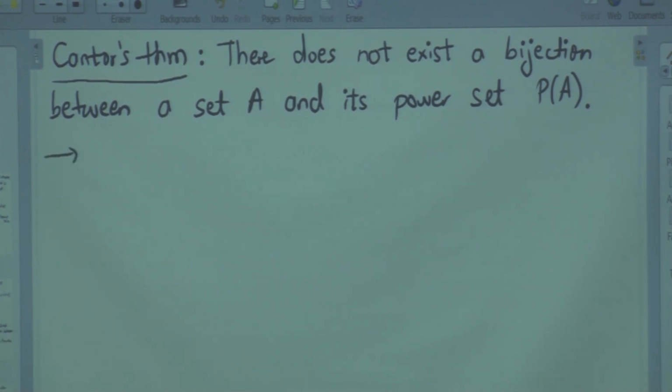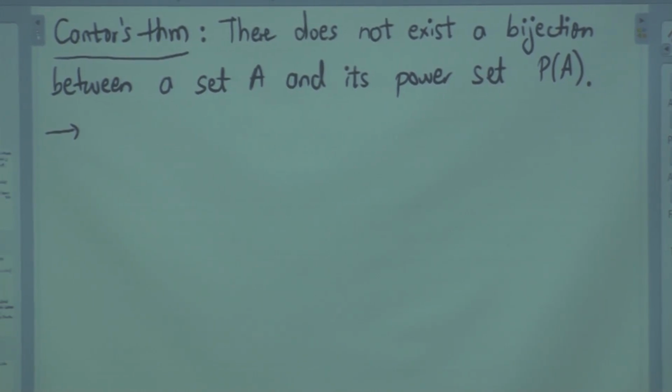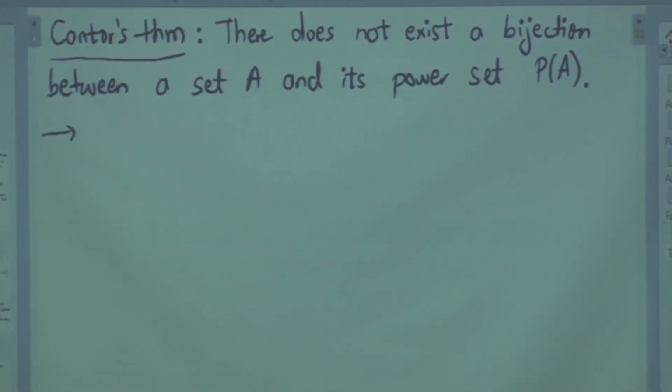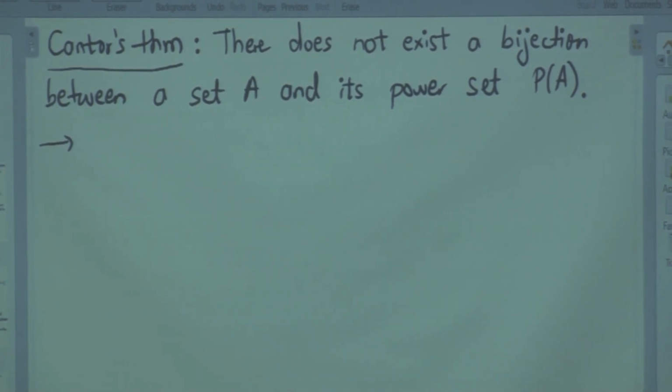So what can exist between A and power set of A? Injection. Okay, so at the bottom of the page I am just going to write down that injection. So give me an example of an injection from A to power set of A. X maps to singleton X. Very good. X maps to singleton X is an injective function.